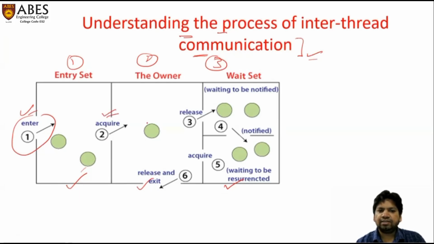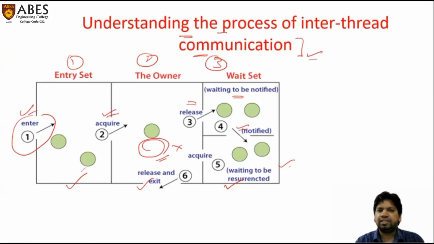Second is acquire. After that they release into the wait set and wait to be notified. जब तक notified नहीं हो जाता. After they are notified, they wait to be reacquired, and then release and execute. They go in this way, and this is called the process of inter-thread communication.